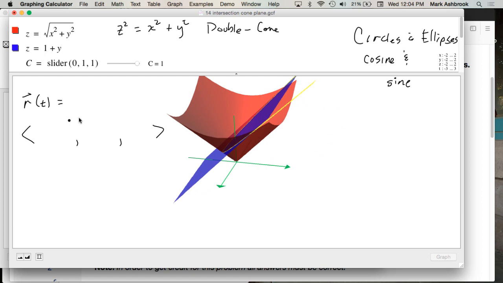Whatever we choose for these functions for x, y, and z as a function of t, have to be consistent with both surfaces. If they're consistent with both surfaces, then we're defining the points that lie on both surfaces, or the intersection. So, what should we do? Substitute y for t.